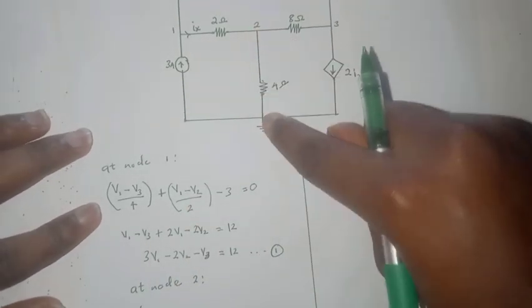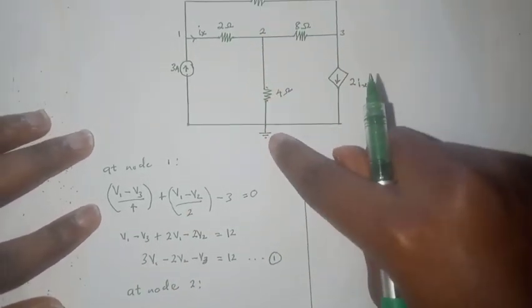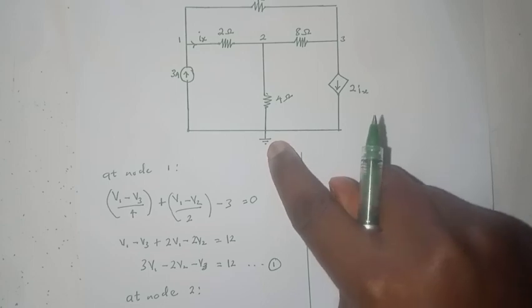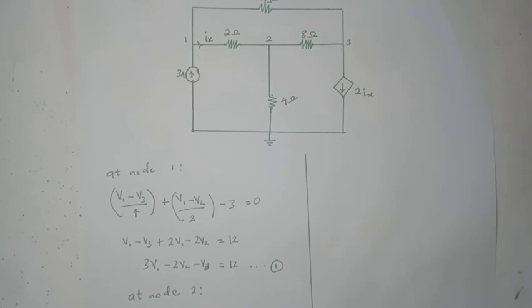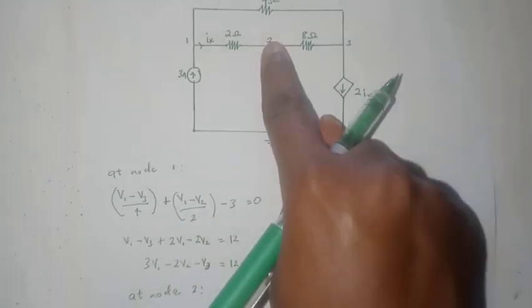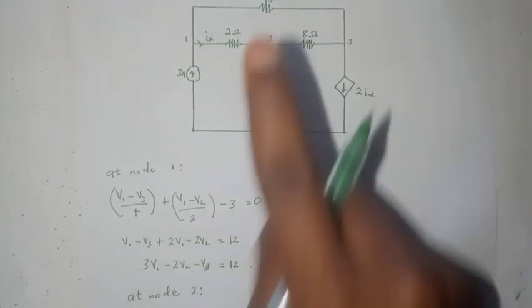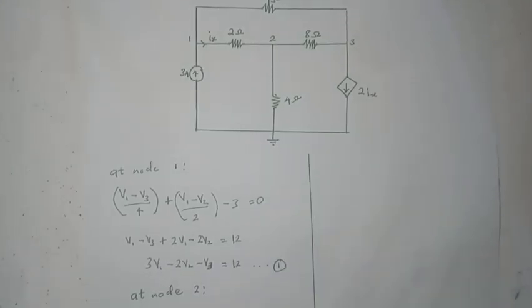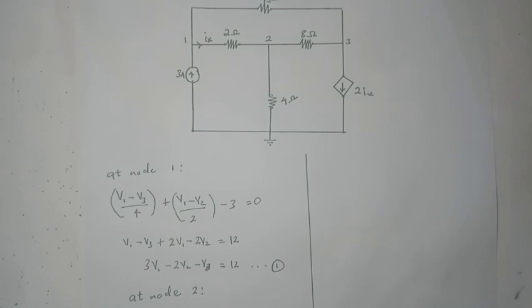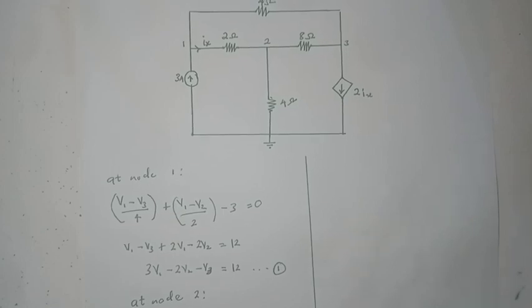Then the current flowing here, recall that this is a reference node, so it is 0. So that will be plus V2 minus 0 divided by 4. Then we have V2 minus V3 divided by 8 plus V2 minus V3 divided by 8. So that will be equal to 0.